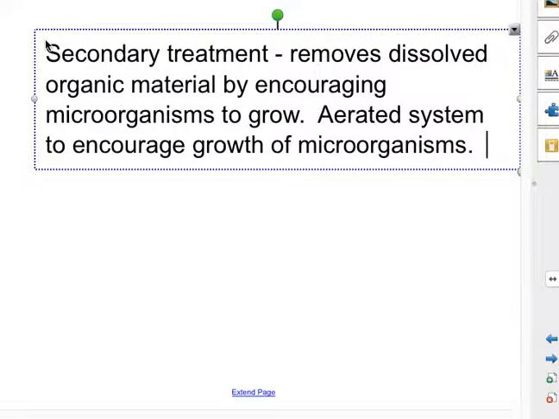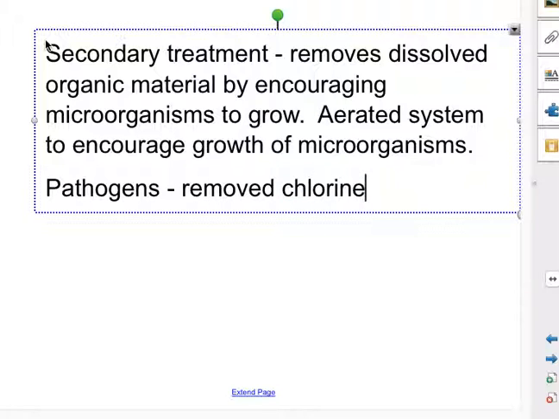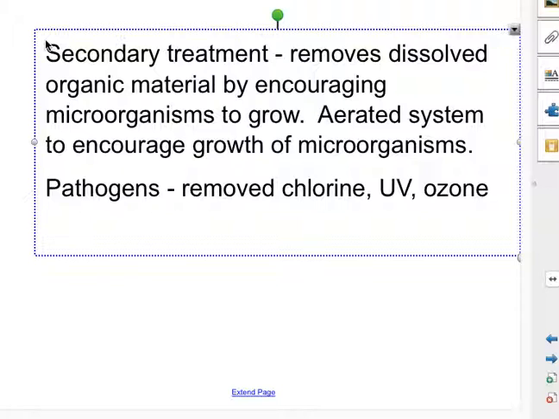In the year that they gave this question, they also allowed you to talk about pathogens being removed via the disinfection process, which, as we mentioned before, chlorine or ultraviolet rays or ozone. Those are all the ways that we remove that. And they also let you mention what was done via what's considered tertiary treatment.